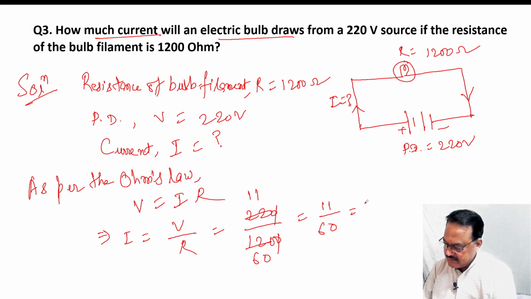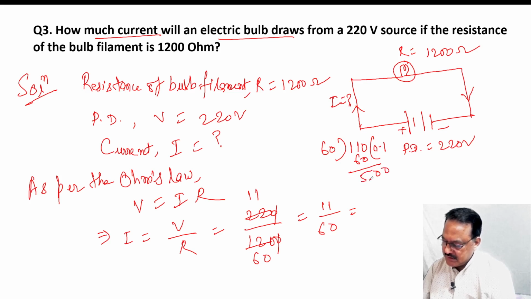Now just divide 11 by 60, it will come out to be, 60 divided by 11 is 0, 1, 60, 0, 5, then 0, then it will go 8, 8 for the 48, 8 times. Means we can say this is 0.18.